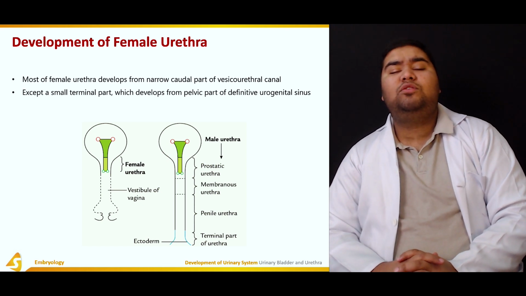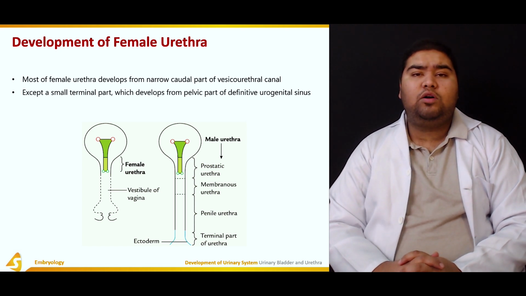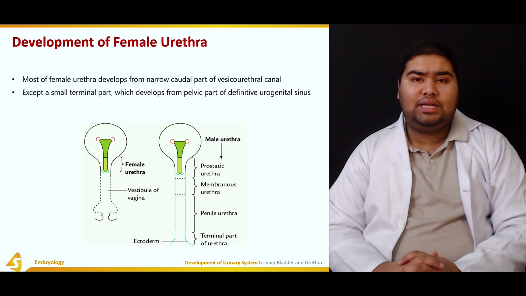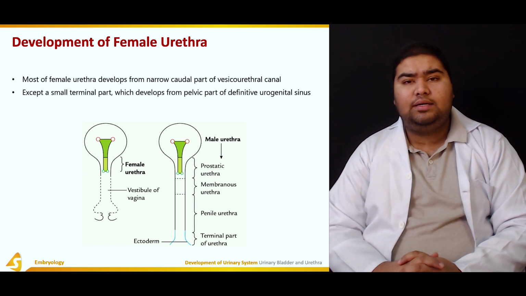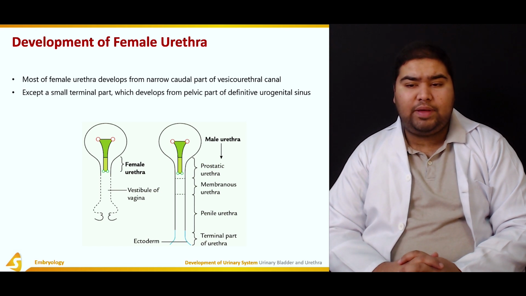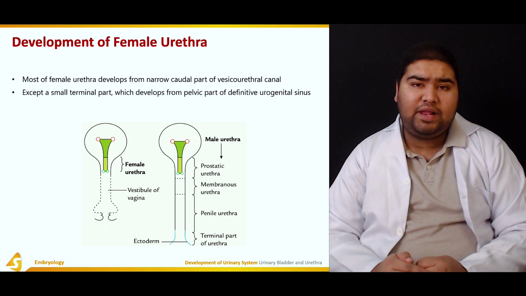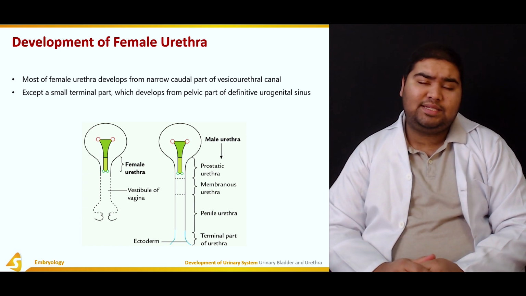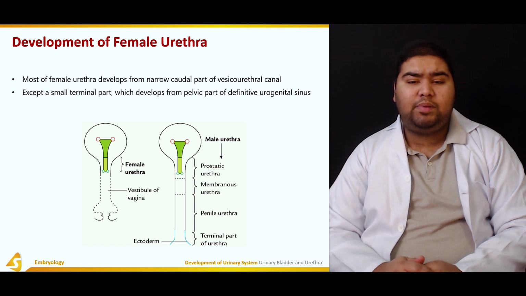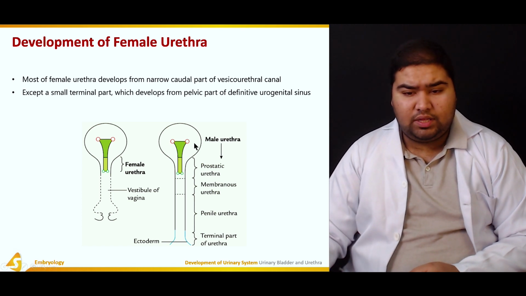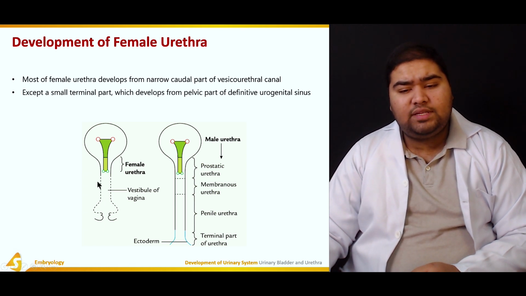The definitive urogenital sinus lay caudal to the opening of the mesonephric duct. It had two parts: the phallic part and the pelvic part of the definitive urogenital sinus. This pelvic part is responsible for the formation of the small terminal part of the female urethra. So this is the female urethra. The phallic part forms the vestibule of the vagina, into which the urethra opens.